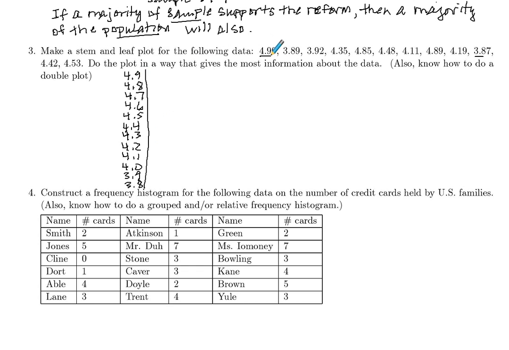So in the 4.9s, I see that 4.90, and I don't see any more 4.9s, so I'll put a 0 in that row. 4.8s, I see a 4.89 there, and then let's see, 4.85 as well, so 4.89 and 4.85.